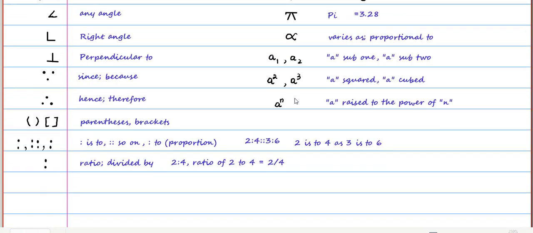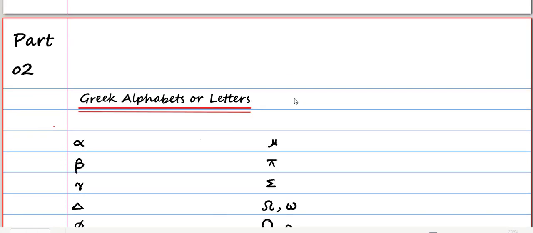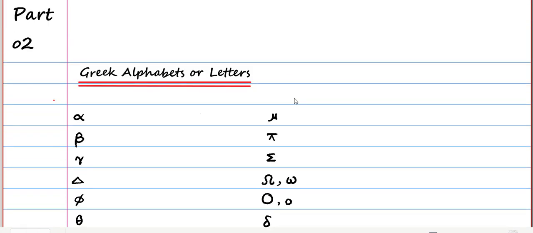Now in part 2, we will write down the Greek alphabets or letters which most of the time we use in our calculations as an engineer. If you are an engineer, obviously you will see all these symbols everywhere in your equations and calculations.